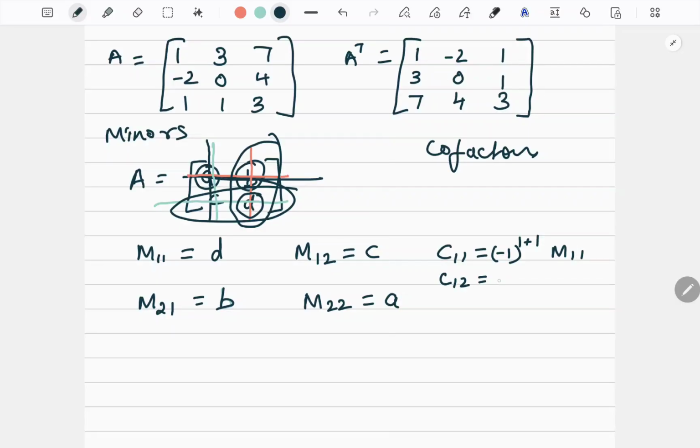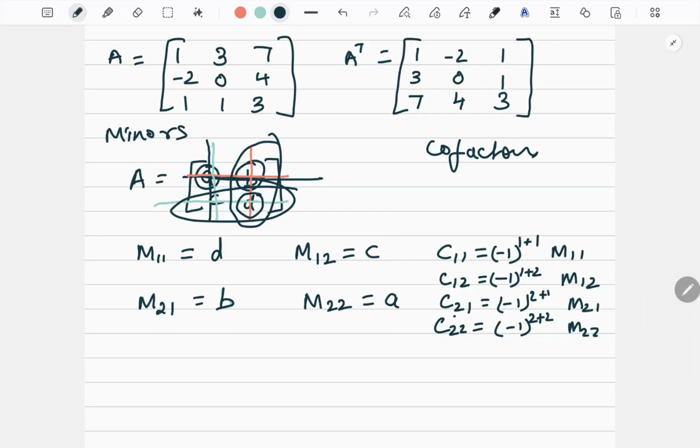C12 is what? Minus 1 to the power 1 plus 2 and M12. C21 is equal to minus 1 to the power 2 plus 1 and M21. So only this negative sign is changing. So C22 will be minus 1 to the power 2 plus 2, M22.